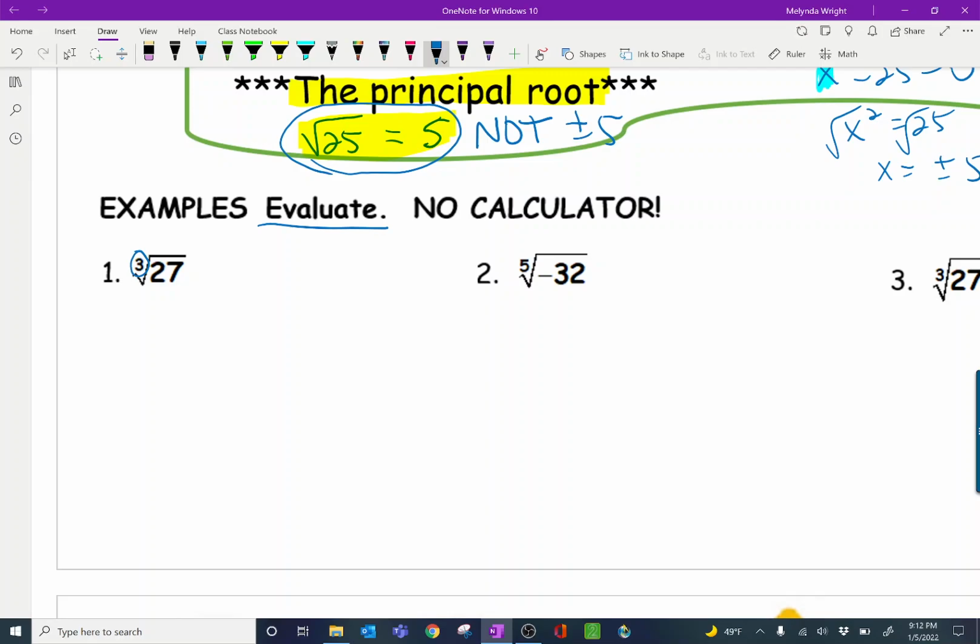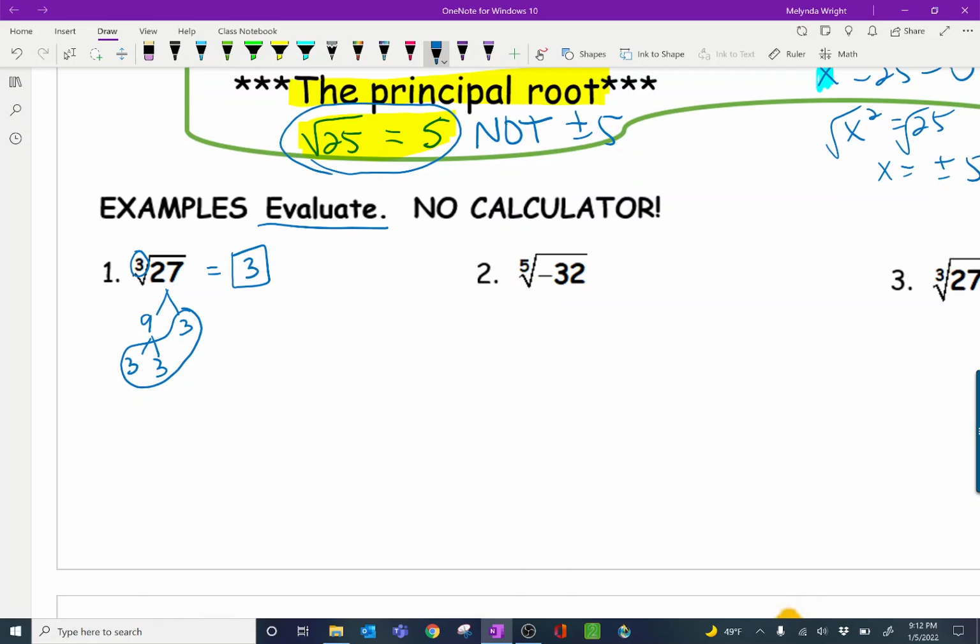So I would do a factor tree, which you guys know I love. 9 times 3, 3 times 3. We see that we have one group of 3, which means there's nothing left under the cube root. It just is 3. That is our very first cube root in this lesson.